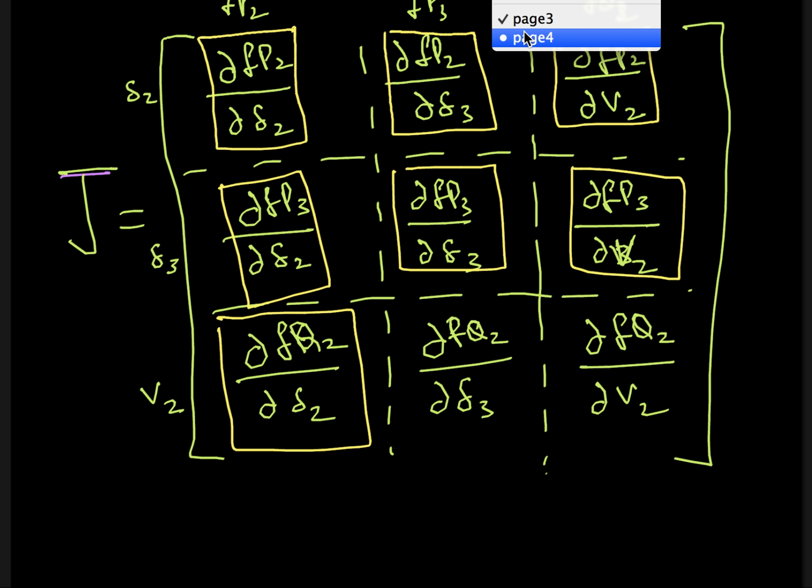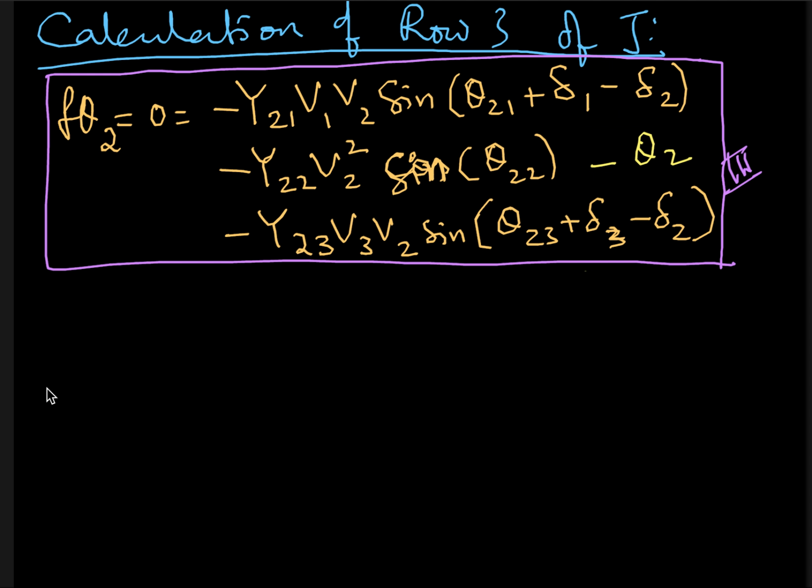So the differentiation of function q2 with respect to delta 2. Where is delta 2 here? Here is a delta 2, there is no delta 2 here, and here is a delta 2. So two terms I'll get. The differentiation of sine is cos, but because there's a minus sign here, that minus sign will cancel out. So I write everything without the minus sign and with sine replaced with cos, for this term and the last term. So let me write it here.